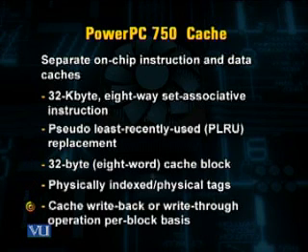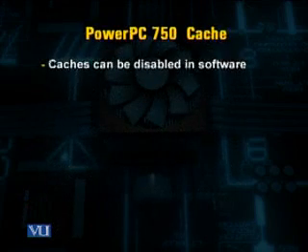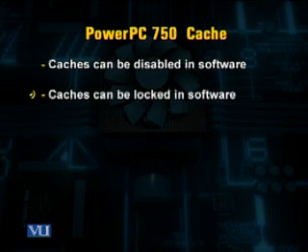Moreover, the cache write back or write through operations per clock are being used in this design. The caches here can be disabled in software as well as they can be locked in software.